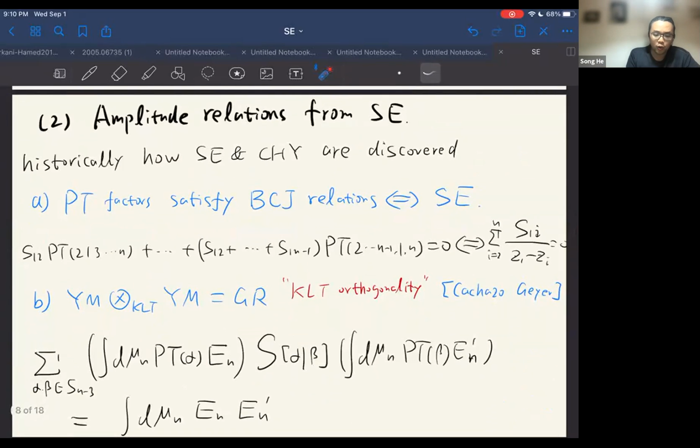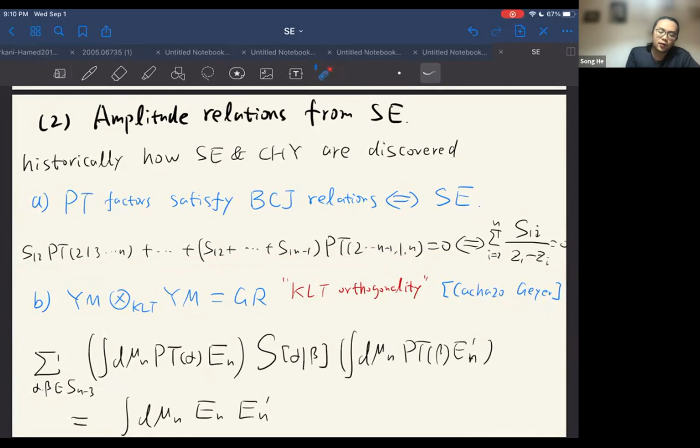CHY. Let me also quickly tell you about some amplitude relations that you can derive. So historically, how we discovered the scattering equation is through these two points. The first point is that you notice that if you ask Parke-Taylor factors to satisfy so-called BCJ relations, then this is actually equivalent to the scattering equation.